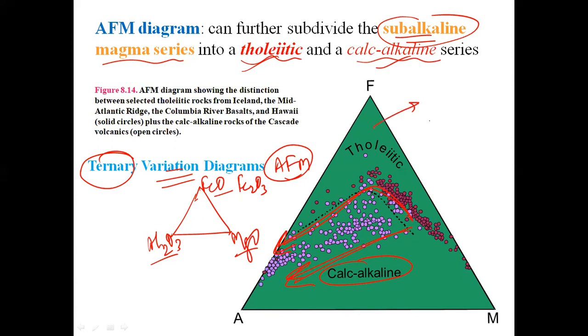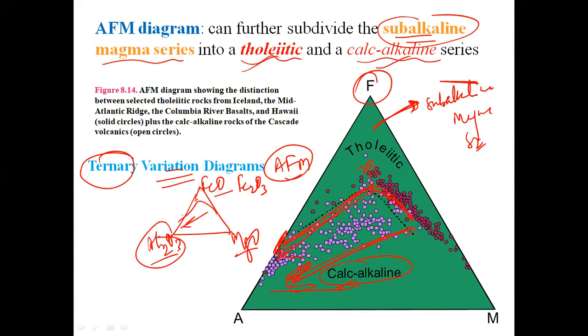This whole triangle represents the subalkaline magma series, which is divided into calcalkaline and tholeiitic. It means your tholeiitic is more iron rich because it is moving towards iron, and your calcalkaline is more alumina rich because it is moving towards the alumina.